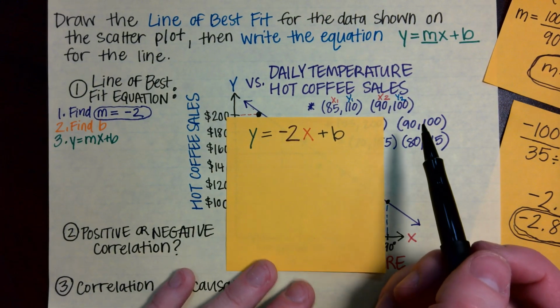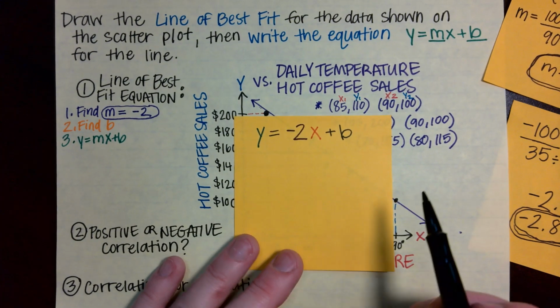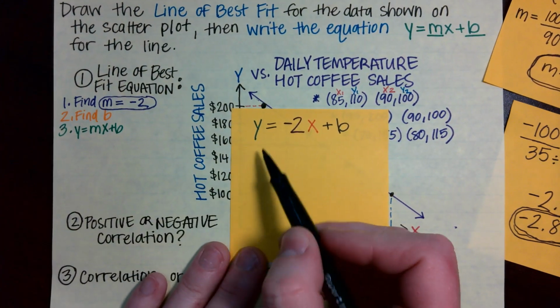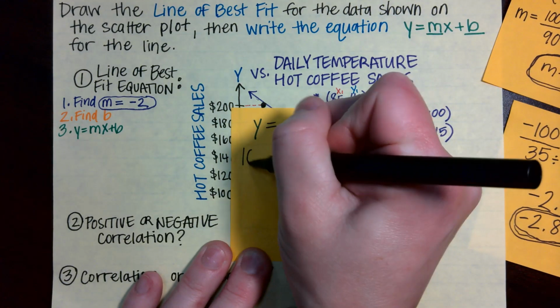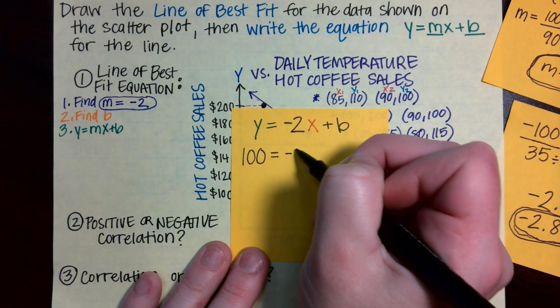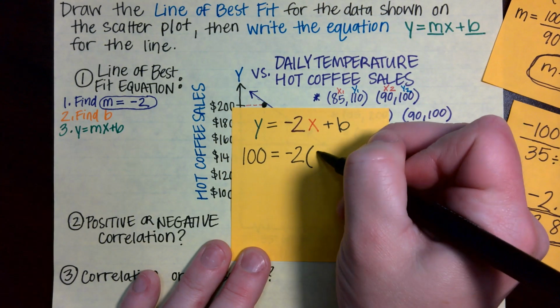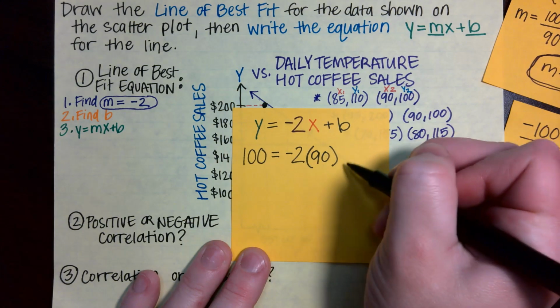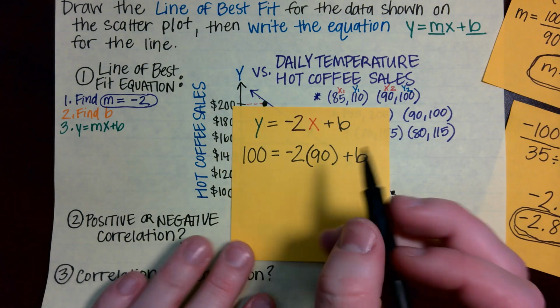You could use a different point as well, but for the example I'm going to use this one. So what goes in my y spot? 100, good. 100 equals -2 times x, what's my x? 90, plus b. Okay, now we just got to solve what is -2 times 90.